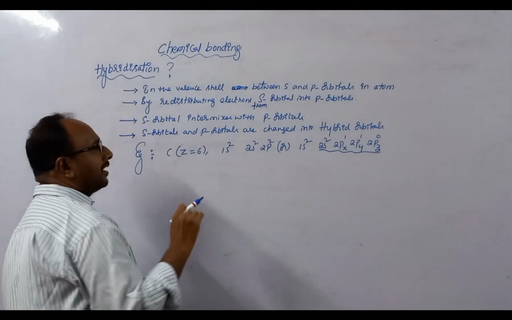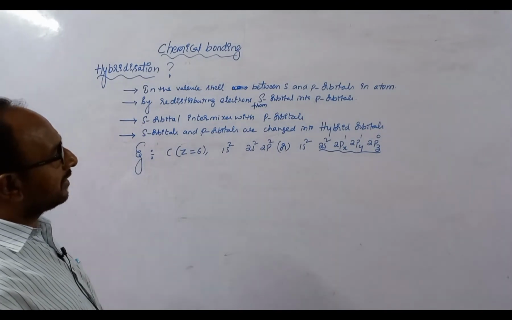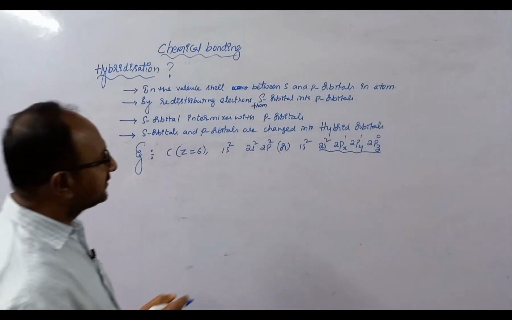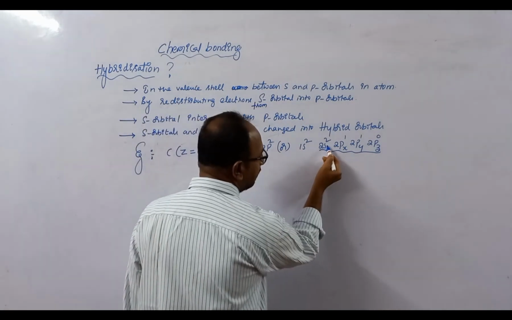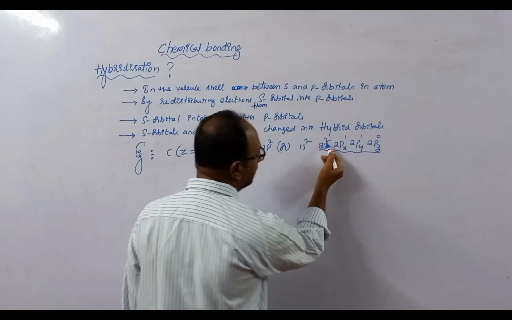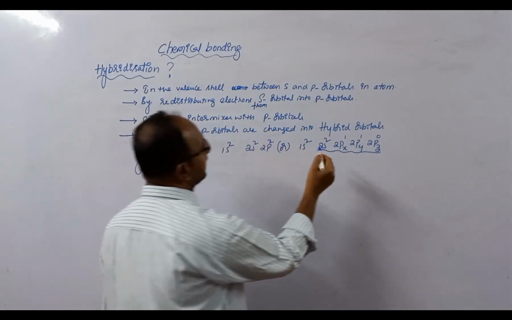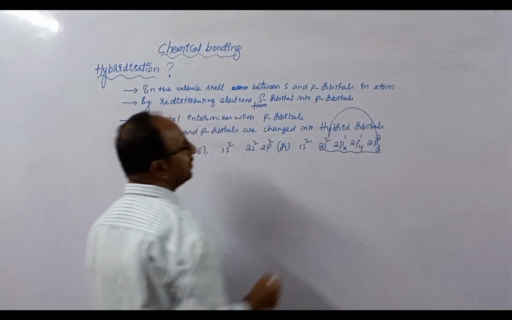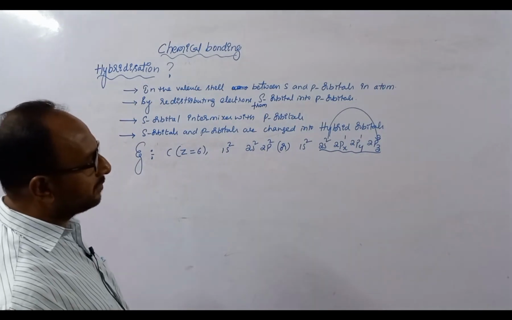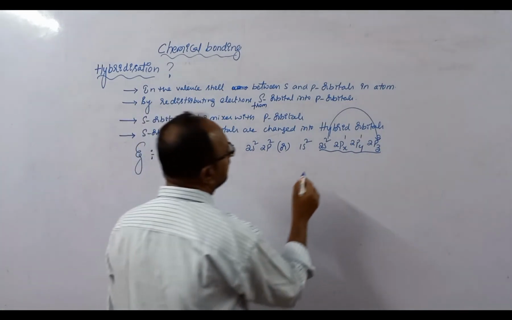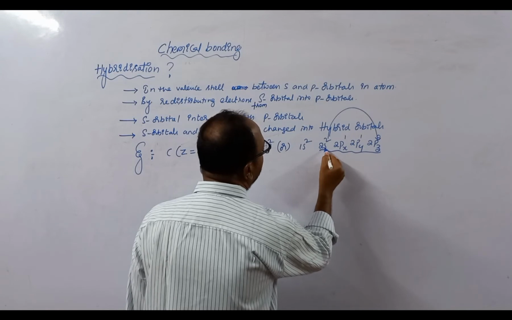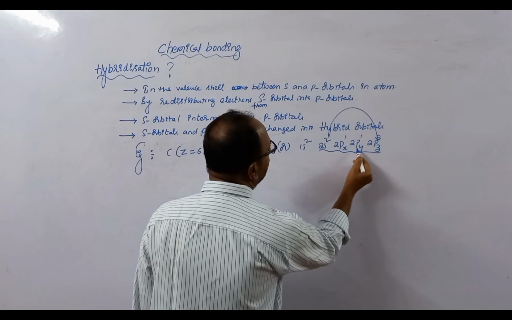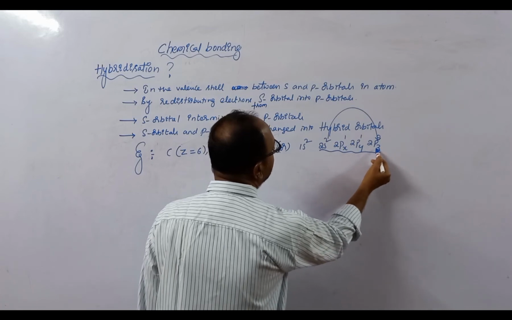When the carbon atom participates in the chemical reaction with another atom, one electron in the 2s orbital gets more energy and is excited, and it jumps into 2pz. Then 2s is intermixing with px, py and pz.